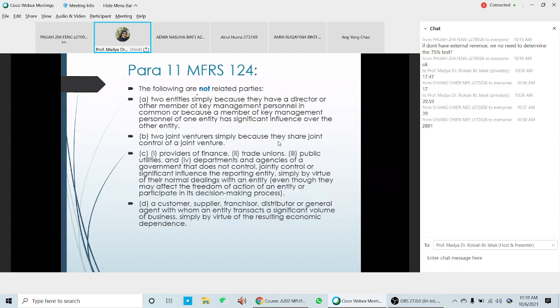Okay, so para 11 mentions what is not a related party. Two entities are not related parties simply because they have a director or another member of key management personnel in common, or because a member of key management personnel of one entity has significant influence over the other entity. So what is this one?